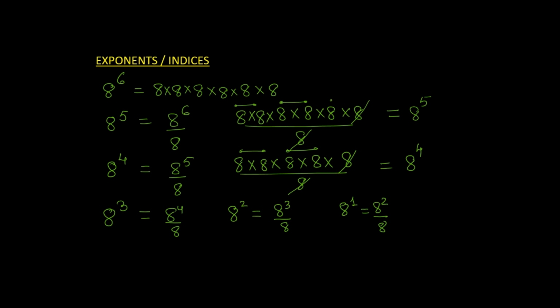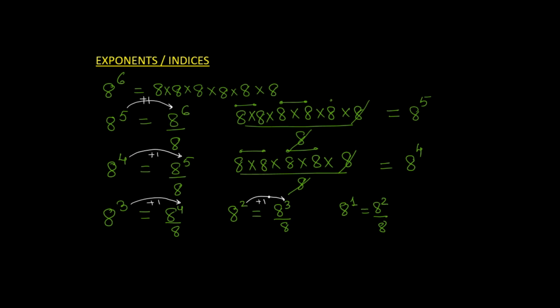Now let us observe all of them closely. What do we see here? That when we have to write the value of 8 to the power 5, we write it as 8 to the power 1 more than 5 divided by 8. 8 to the power 4 is written as 8 to the power 1 more than 4 divided by 8. 8 to the power 3 is 8 to the power 1 more than 3 divided by 8. 8 to the power 2 is 8 to the power 2 plus 1 divided by 8.